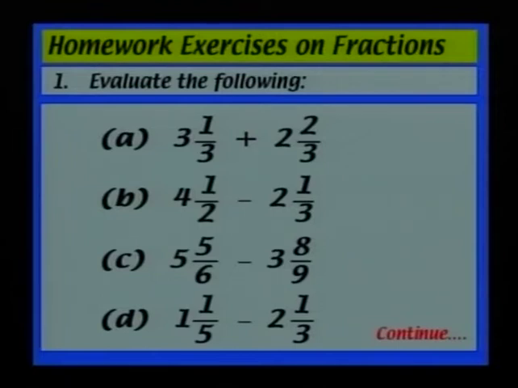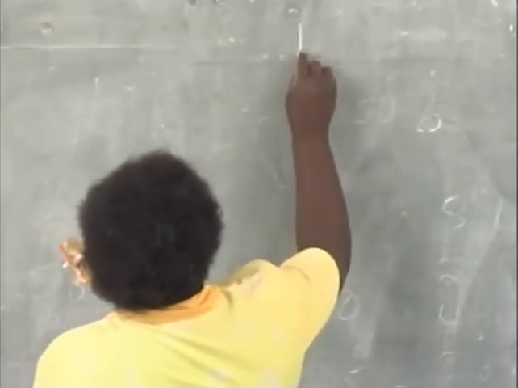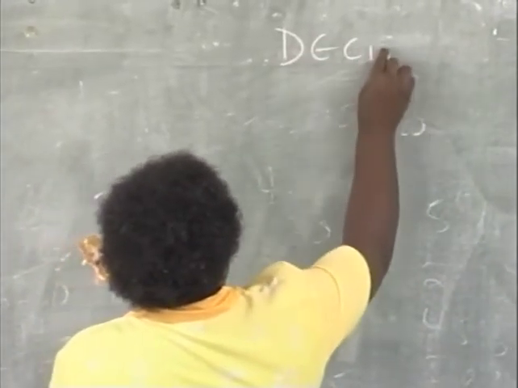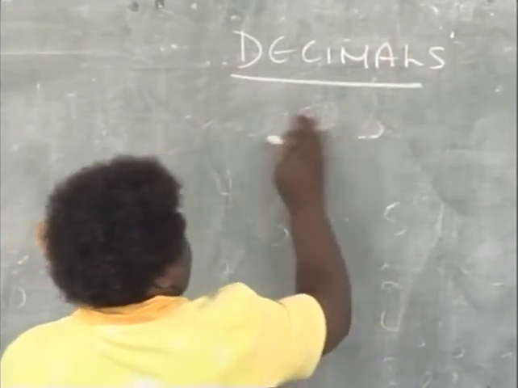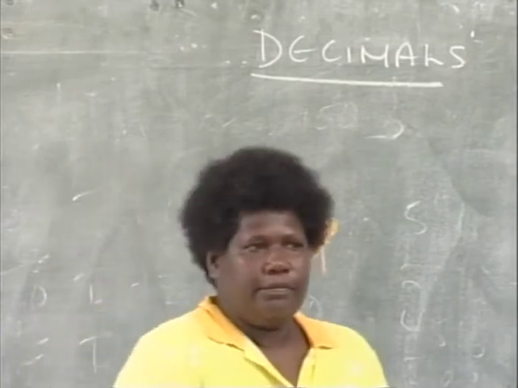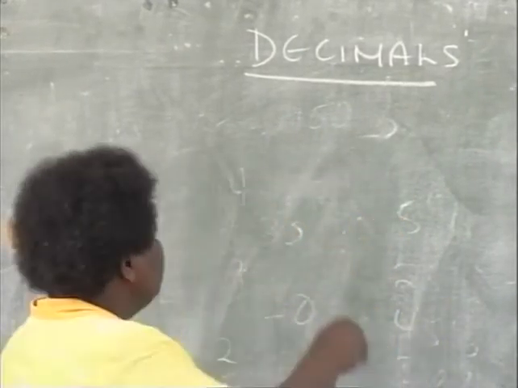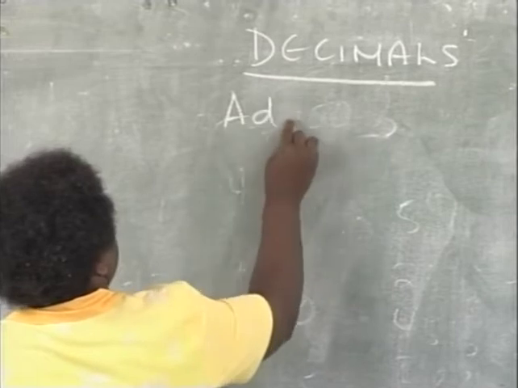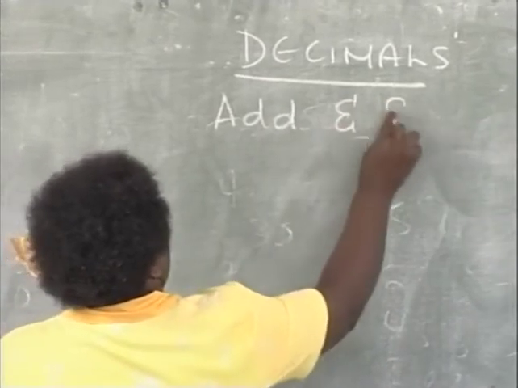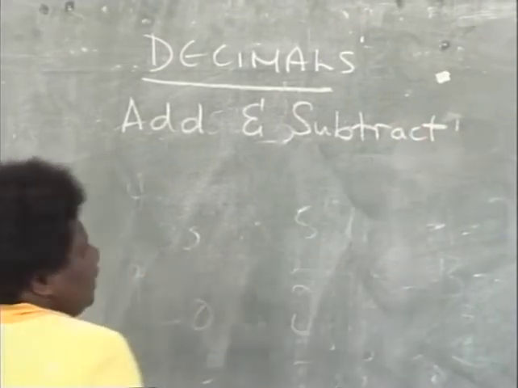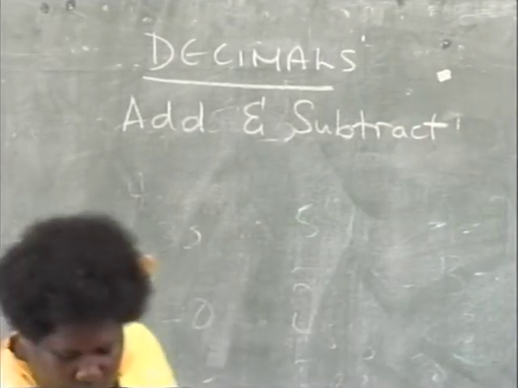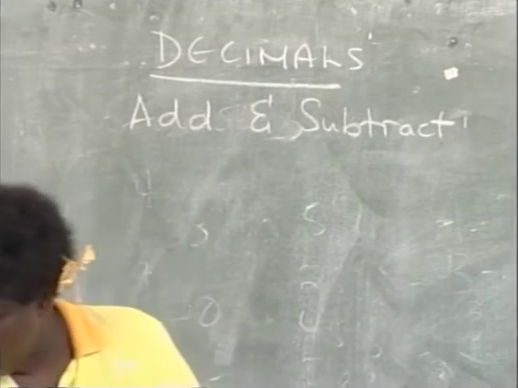Okay, next thing we are going to look at is adding, subtracting, multiplying and dividing decimals. Okay, first of all, to add and subtract, I'll just give an example.